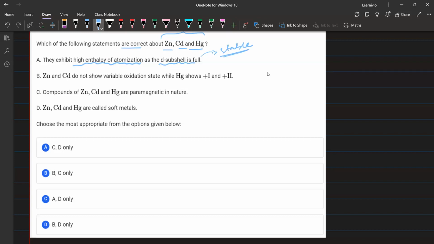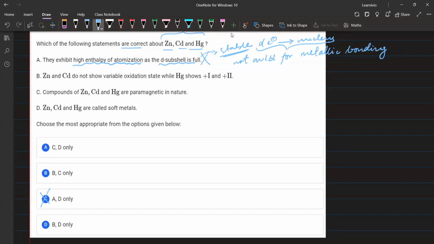And if something is stable, then all the d electrons will be attracted by the nucleus, so they are closer to the nucleus. They are not available for metallic bonding. That is why this statement is wrong. So the option that I can remove from here is that C option cannot be correct.